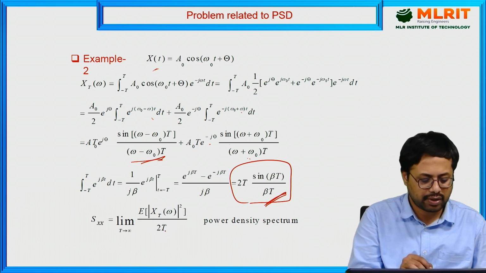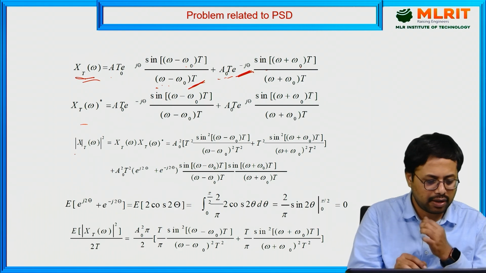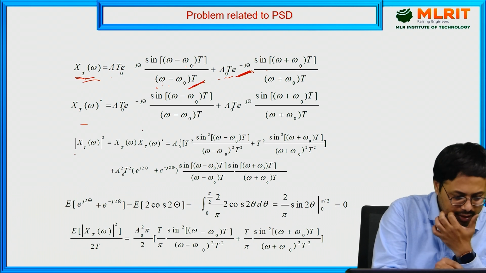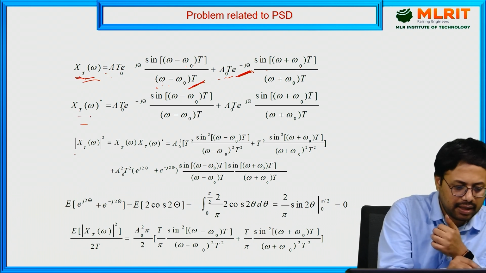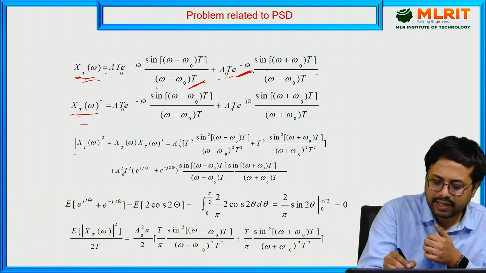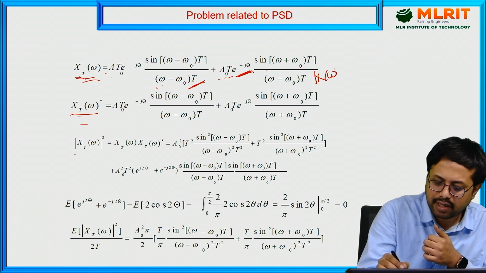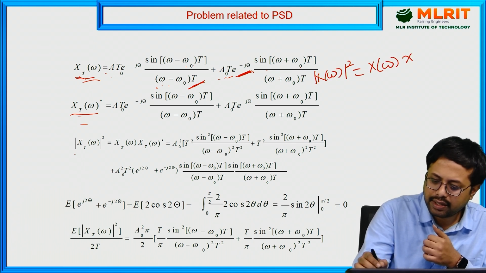This is one of the formulas we already discussed. For that, first you have to calculate X T of omega. We know the relation: magnitude squared of X of omega equals X of omega times its conjugate.